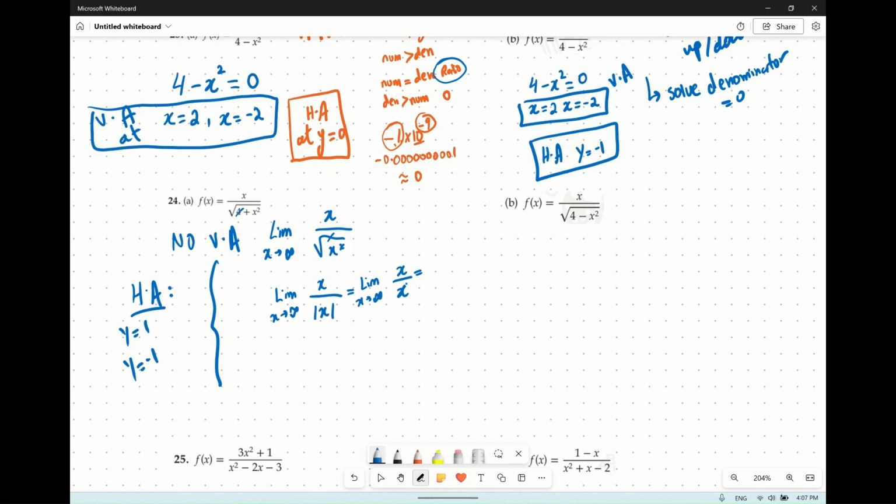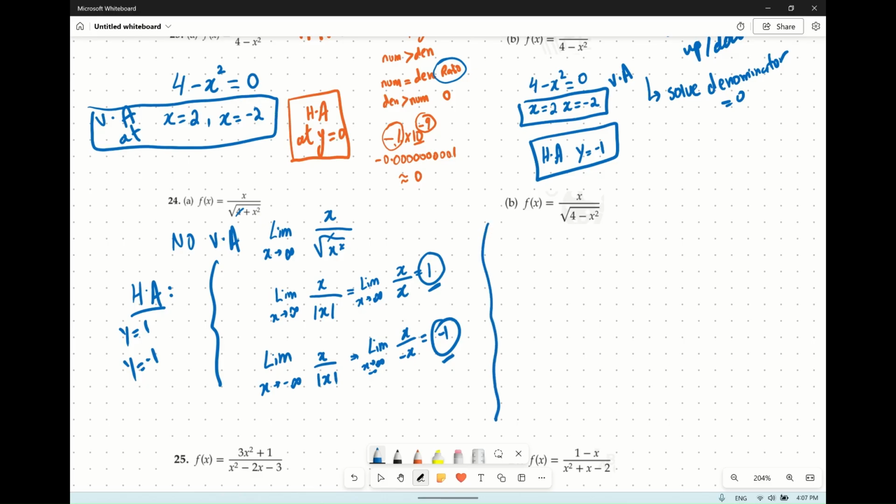So the limit as x approaches infinity of 1 is just what? 1. Now what if the limit is approaching negative infinity for x over absolute x? You will remove the absolute x and you will put in its place negative x. Why? Because x is approaching negative infinity. So x over negative x is minus 1. So now I have a horizontal asymptote at 1, horizontal asymptote at negative 1.